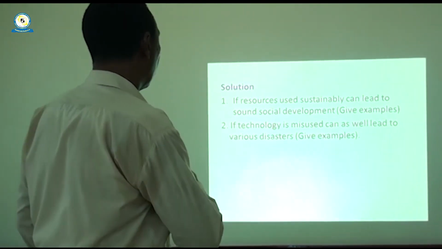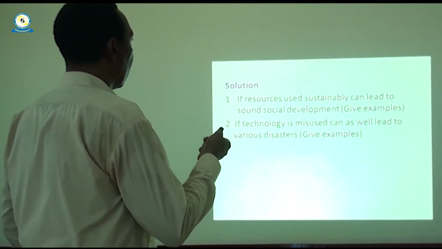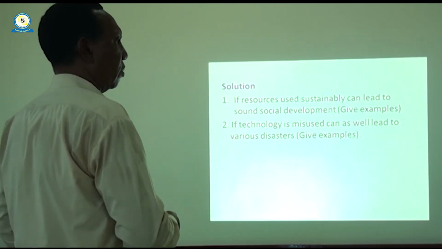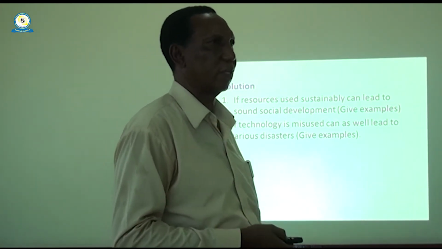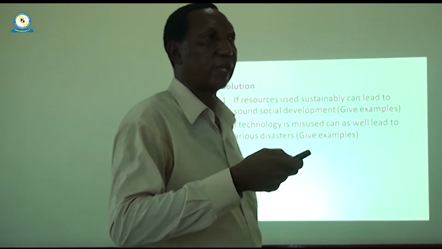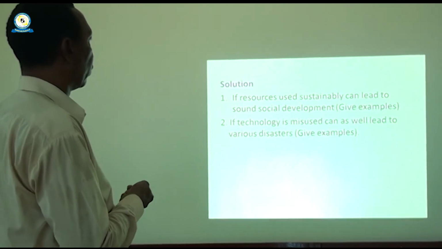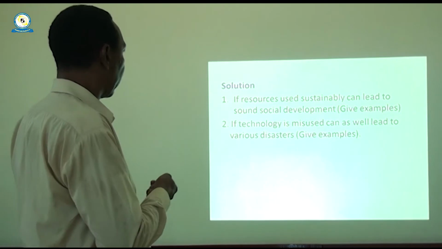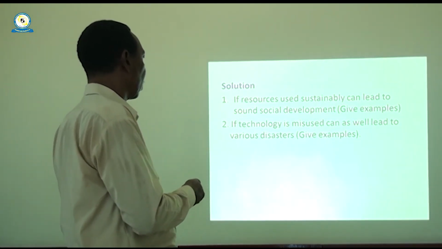But I've summarized them into two things: resources used sustainably can lead to sound social development. The resources I've mentioned, land, water, forests and so on, if they are used sustainably, that's one way of ensuring sound social development. But also, if technology is misused, it can lead to various disasters, as I've already mentioned.